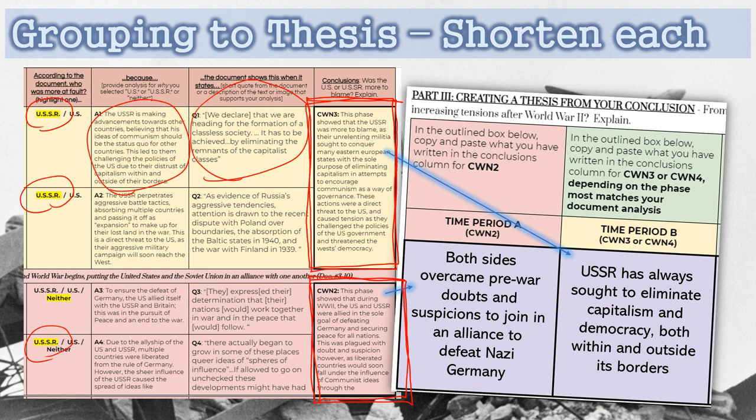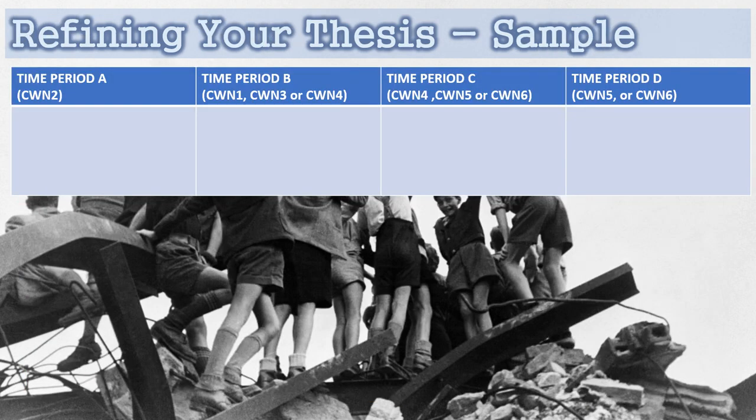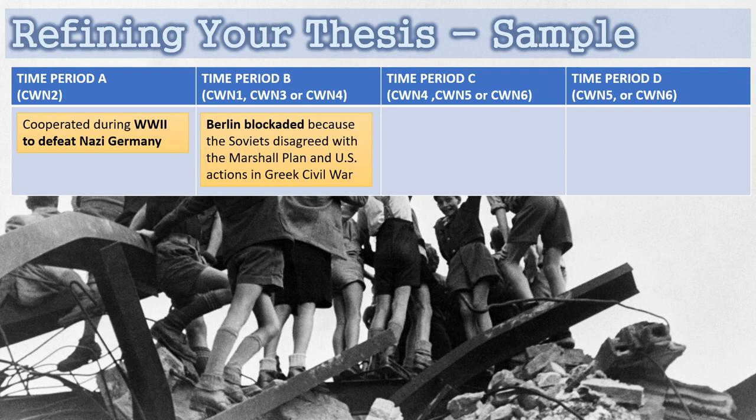So whereas this thesis is going to start off with, they cooperated, but the Soviet Union had always disliked capitalism, and it showed it in the various events to come. So here is what a sample might be once you have all four time periods down. Right? There's the cooperation to defeat Nazi Germany. Okay, and then this sample here is going to go specifically to the event.